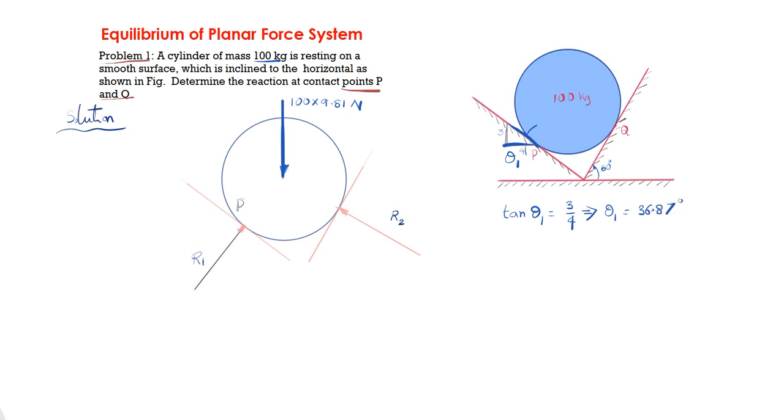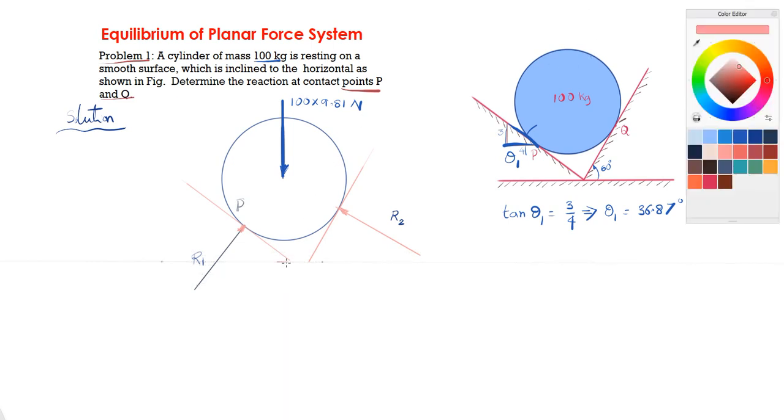So let us decide what are the angles here. Now let us draw one horizontal here, and so this angle here is 36.87.